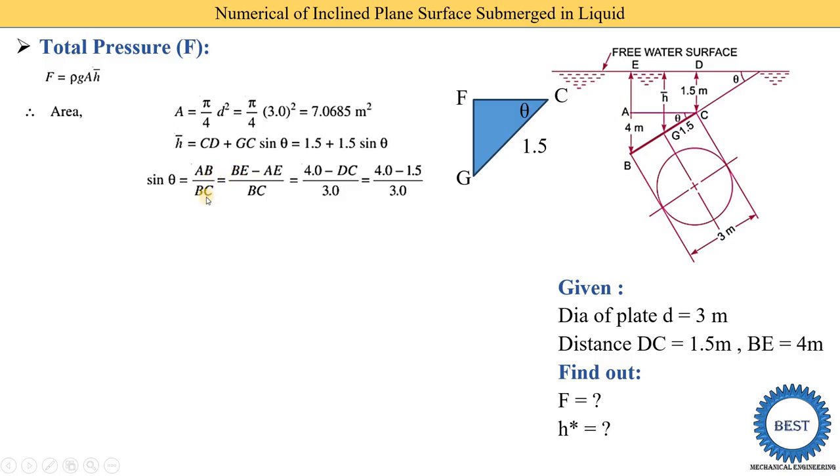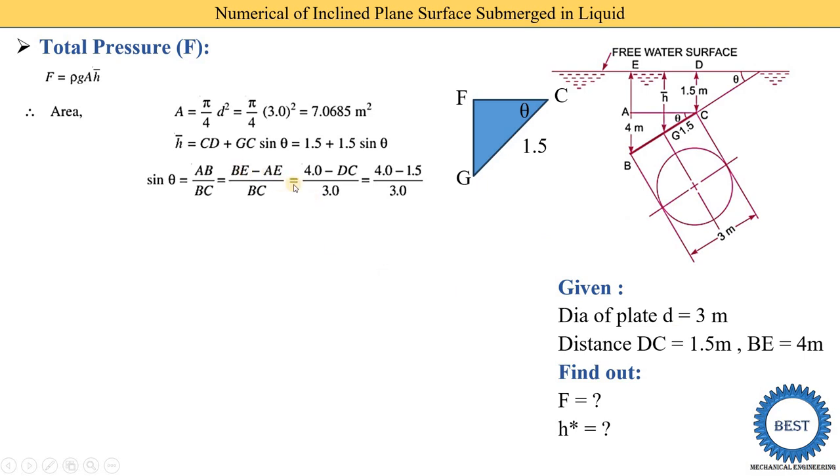Opposite side is AB and the hypotenuse is BC. So this total distance is given as 4 meters. So AB is equal to BE, which is 4 meter minus AE, divided by BC. BC is 3 meter, which we already know.